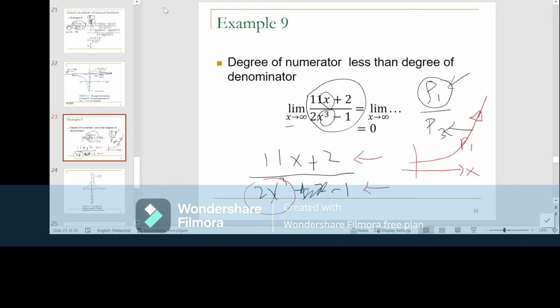Since the polynomial downstairs, P3, has an order higher than the polynomial P1, you would expect P3 to go at a faster rate to infinity than P1. So you are talking about the behaviors of the functions between P1 and P3.